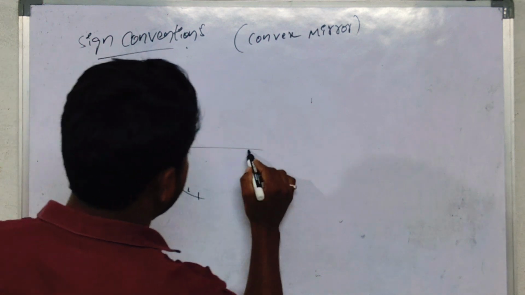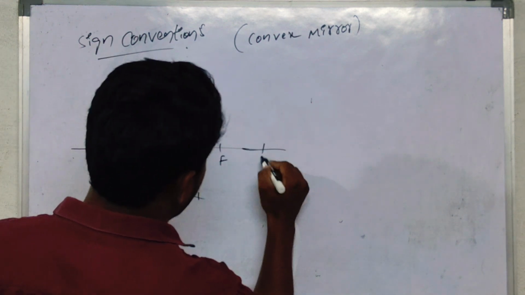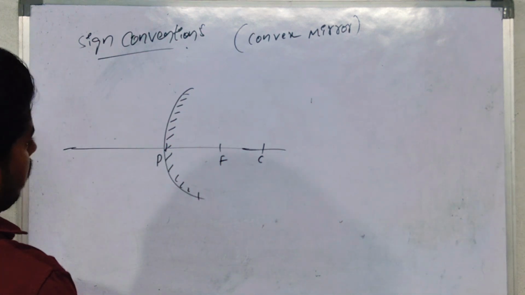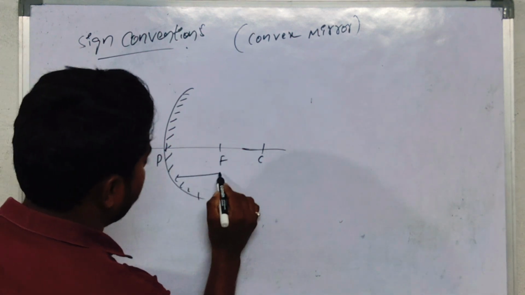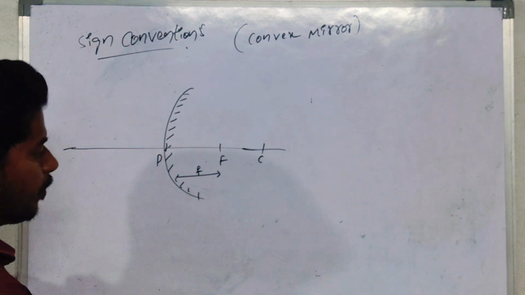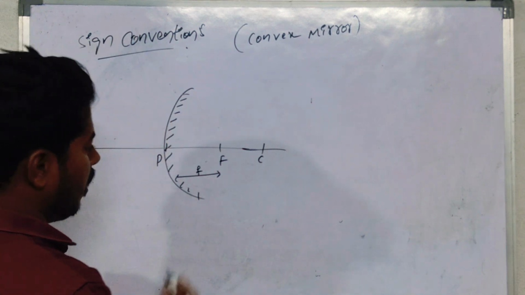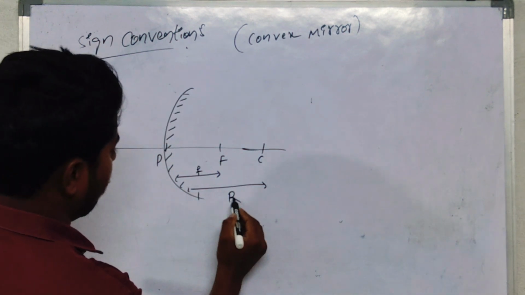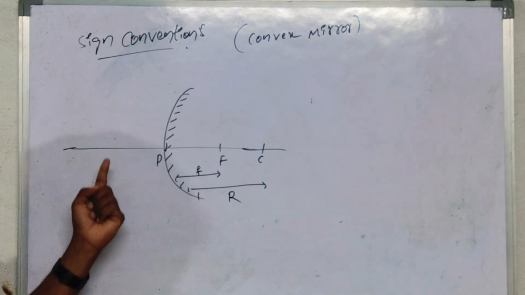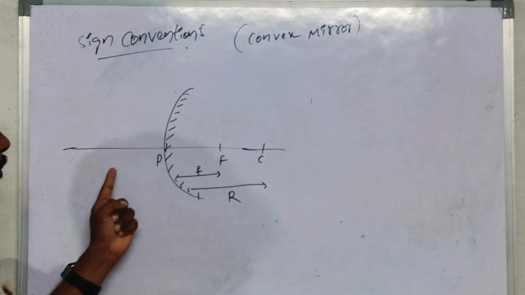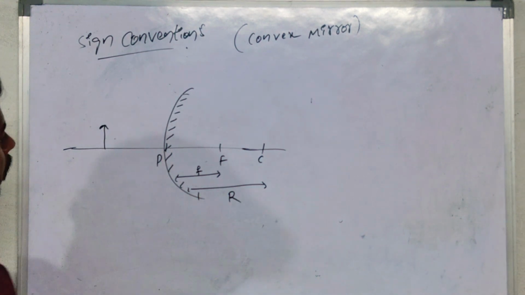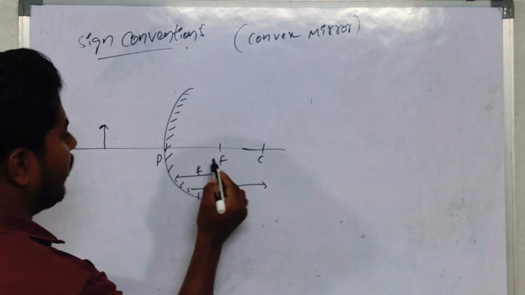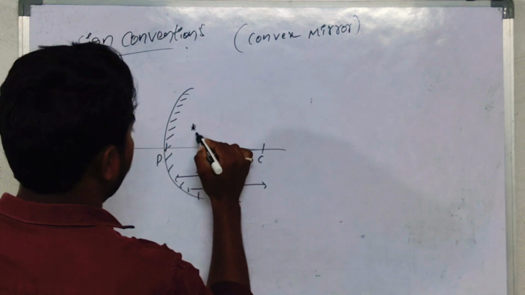So this is the principal axis, focus, center of curvature and pole. The distance of the focus from the mirror is called focal length, denoted by small f. The distance of the center of curvature from the mirror is called radius of curvature. Let the object be placed anywhere in front of the mirror. Your image is always going to be formed behind the mirror, in between pole and focus. Your image is here.